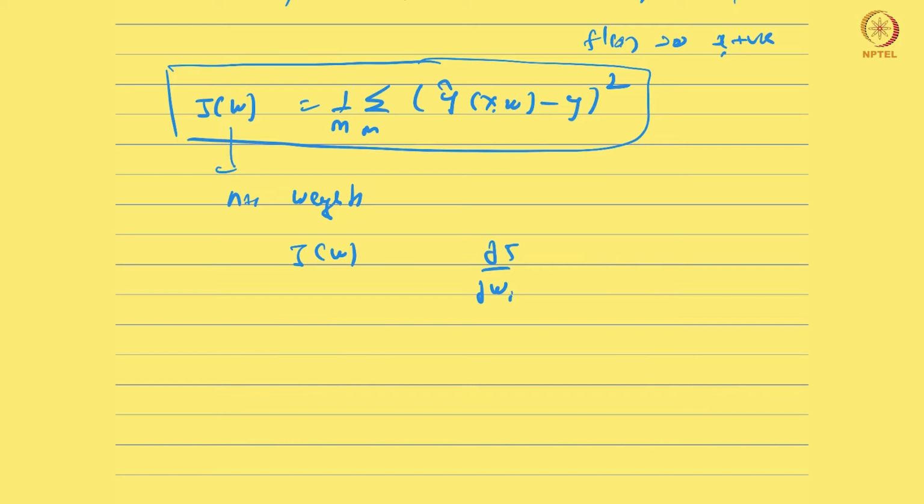Basically, this tells you how J changes only with respect to this particular variable w_i. Then we can do this for every w: the partial derivative of J with respect to w1, w2, all the way to wn or n plus 1, since you have a bias term.